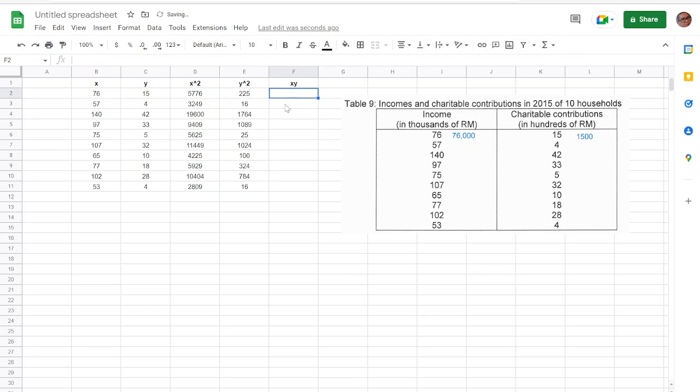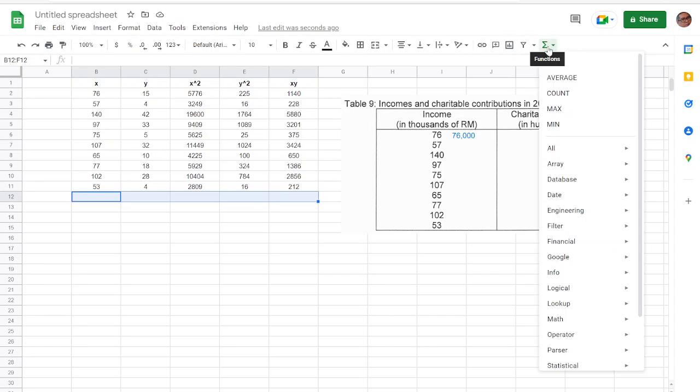And then for the xy, you need to have it equal to this, you multiply with this one. Okay, you fill this. And then you want the sum, right? So with all this, take the sum.